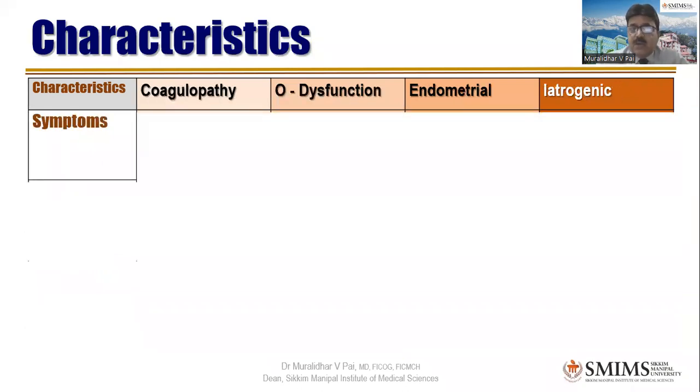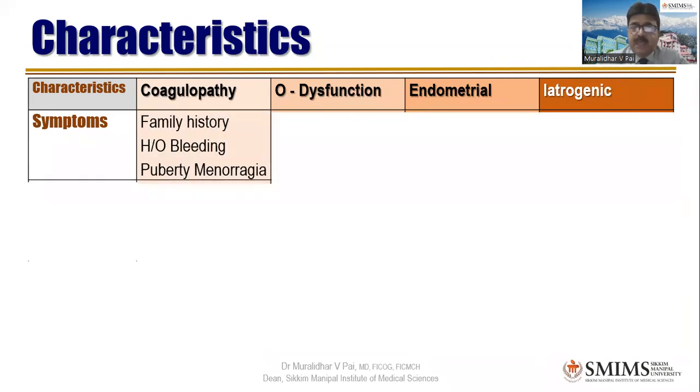Coming to the COEIN part of it: coagulopathy, ovarian dysfunction, endometrial dysfunction, and iatrogenic. Symptom-wise, there will always be a family history of coagulopathy or history of bleeding, easy bruisability and things like that, and typically puberty menorrhagia.